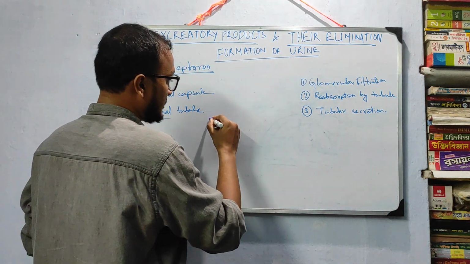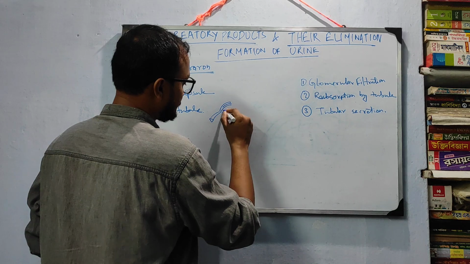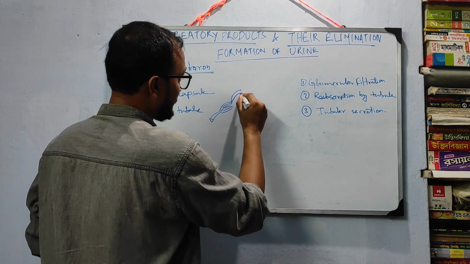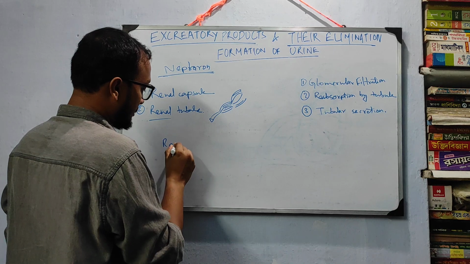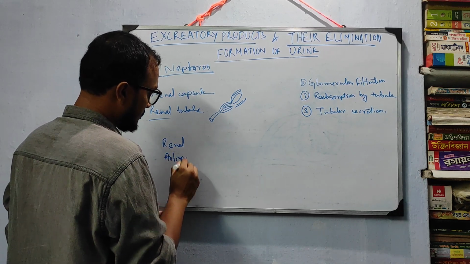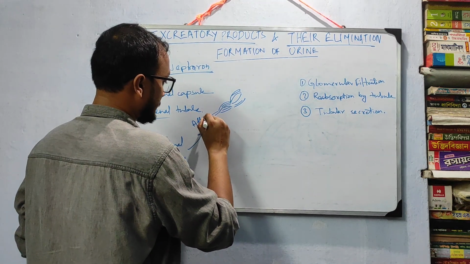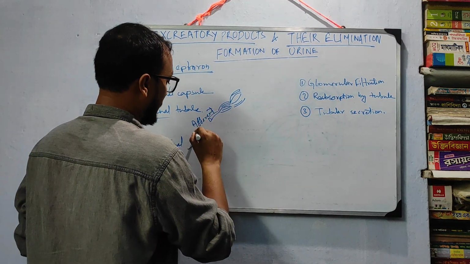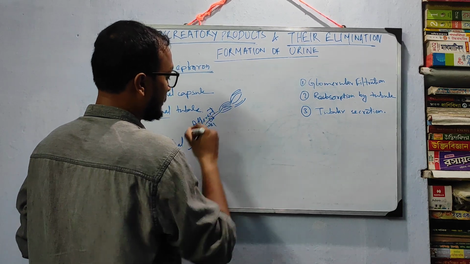The renal artery will enter the kidney and make capillaries. The renal artery makes afferent arterioles, through which blood will enter.